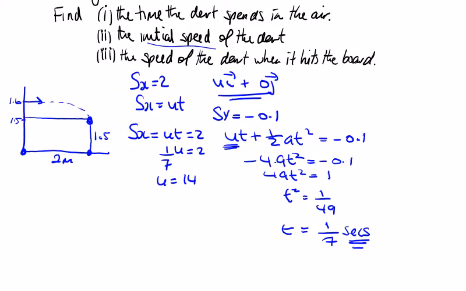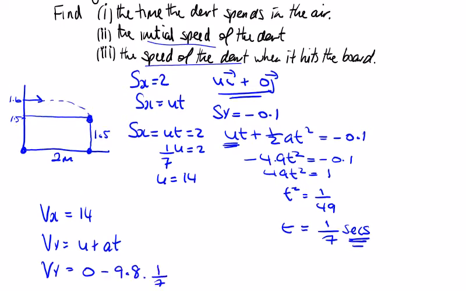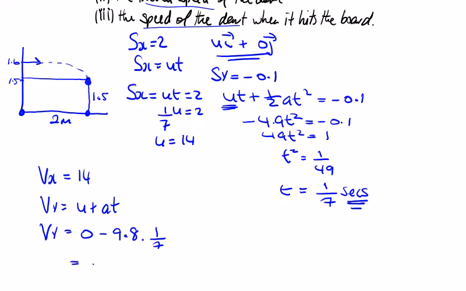And we're asked for the speed of the dart that hits the board. So we need the velocity of x, which is just 14, and the velocity of y, u plus at. The velocity of y is 0 minus 9.8 times 1 over 7, which is going to be minus 1.4.